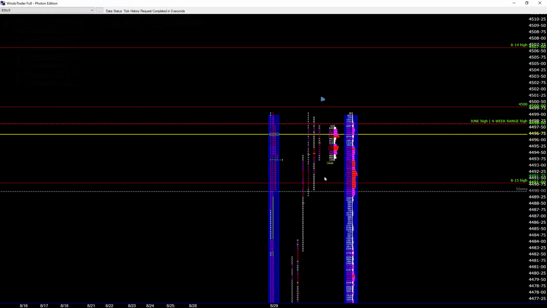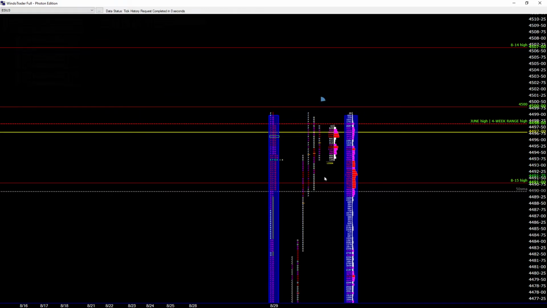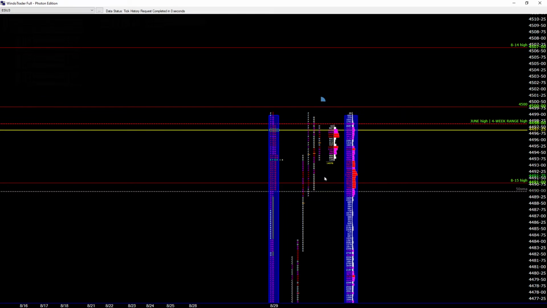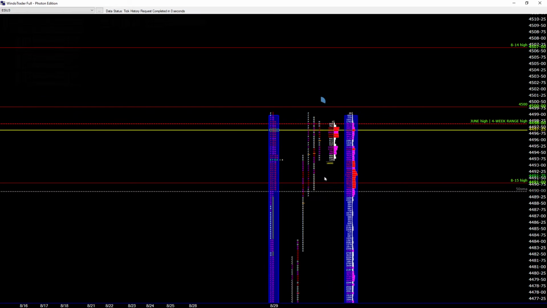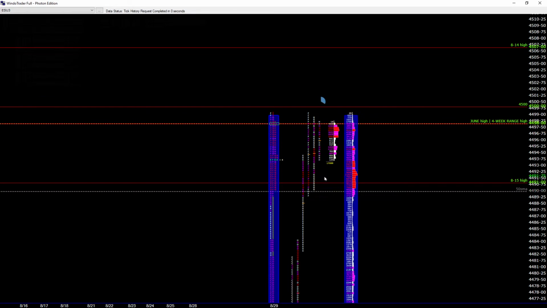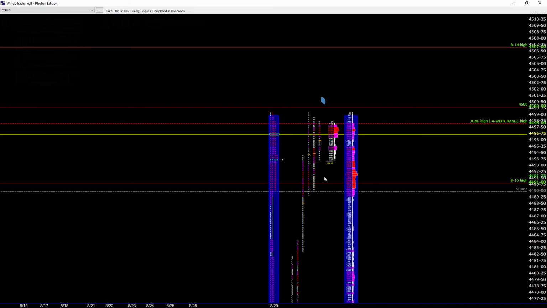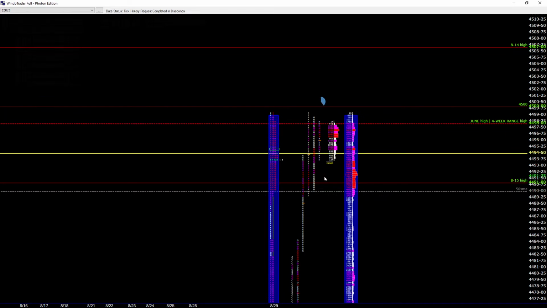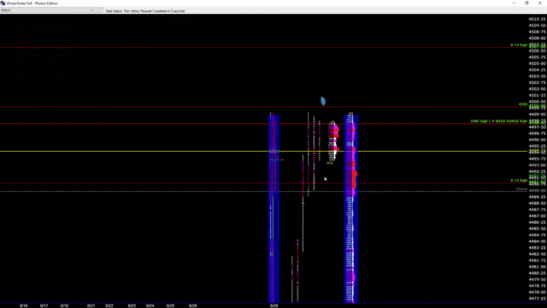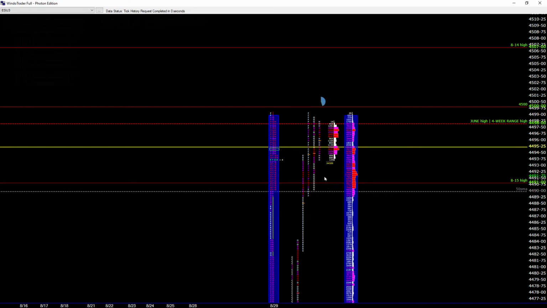Now, another thing that happens quite often is that when you have trending days, it usually gives you a pullback, but late in the session, around 2 p.m., which allows the rebalancing of the inventory.